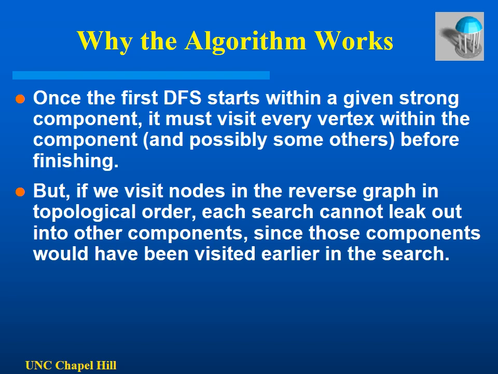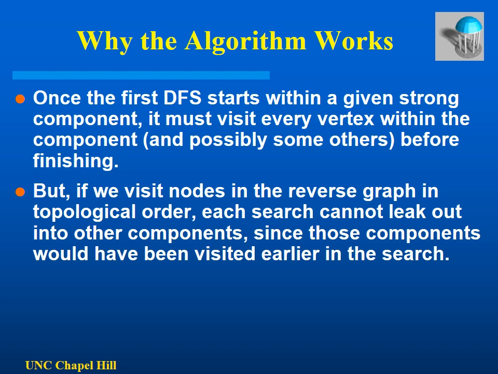But if we visit the nodes in the reverse graph, in the topological order, each of those depth first searches among the strong components can't leak out into the other components because we blocked them.